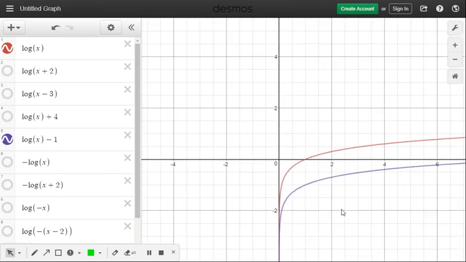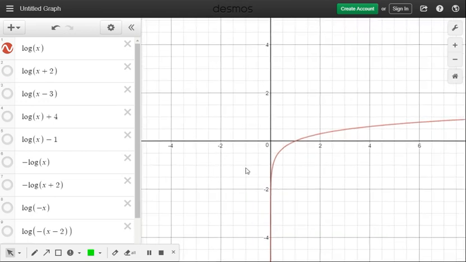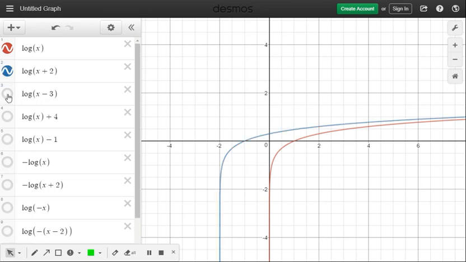Now, as you get used to transformation, you can see where to look to compare the distance and the points, to see if it actually shifted left, right, down, or up. All right. So that's pretty much the transformation when there's a number inside the parenthesis. In summation, if there is a number with the x and inside the parenthesis, like x plus 2 or x minus 3, then it generally shifts either left or right.